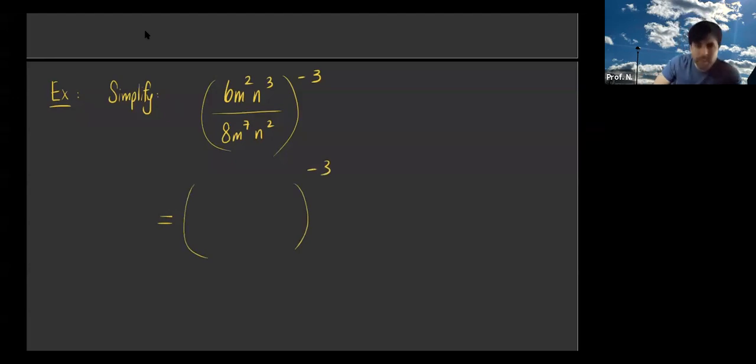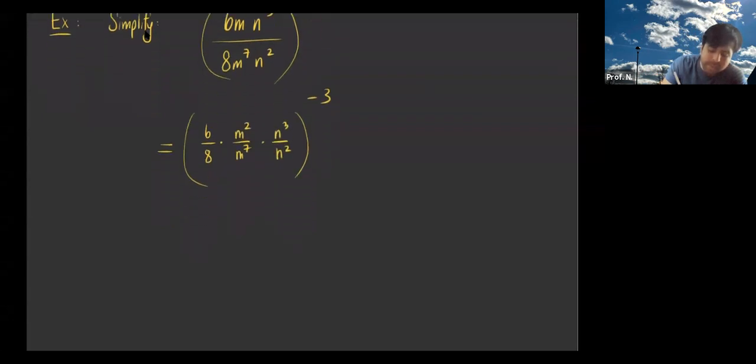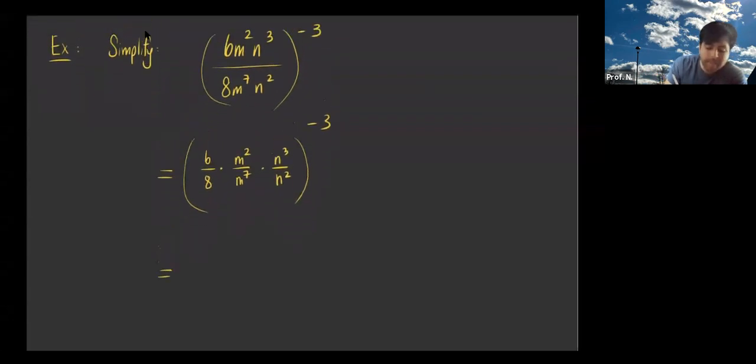Now, how do we take care of the inside? Well, we can separate this as 6/8 multiplied by m squared over m to the 7th multiplied by n cubed over n squared. Do you see that? I can separate it as a product of 3 fractions. And why did I separate it? Because I can simplify each of these individually. 6 over 8 really is what? 3/4.